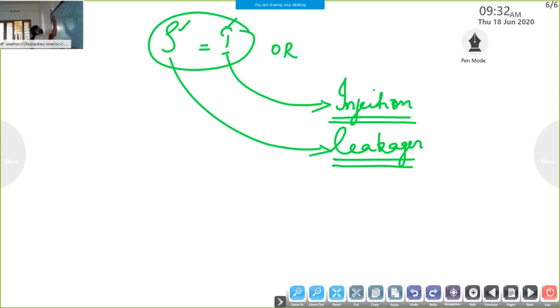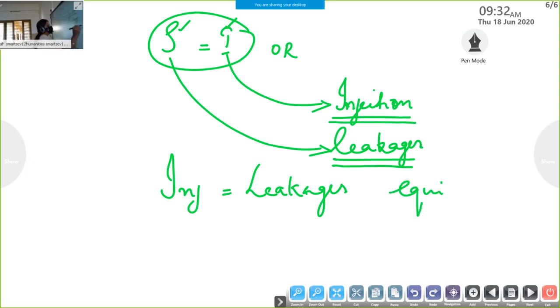So either we can use it like this: saving is equal to investment, the economy is in equilibrium, or at the level where injection is equal to leakage or withdrawal, we can say the economy is in equilibrium. That is also there. Okay.